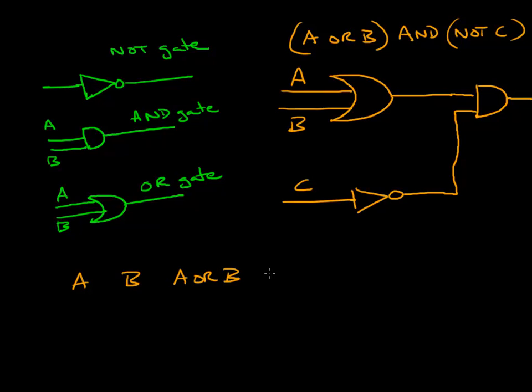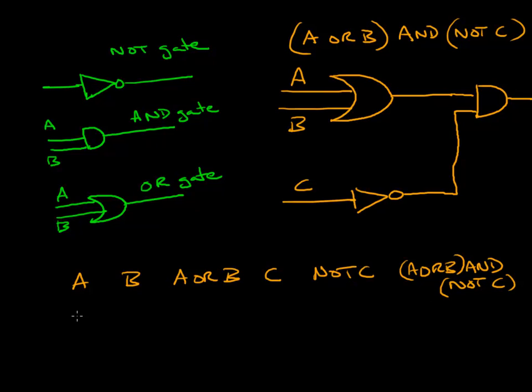I'm also going to have my input of C, and I'm going to have NOT C. And then I'm going to have over here the result, which is my output, which is A or B and NOT C.